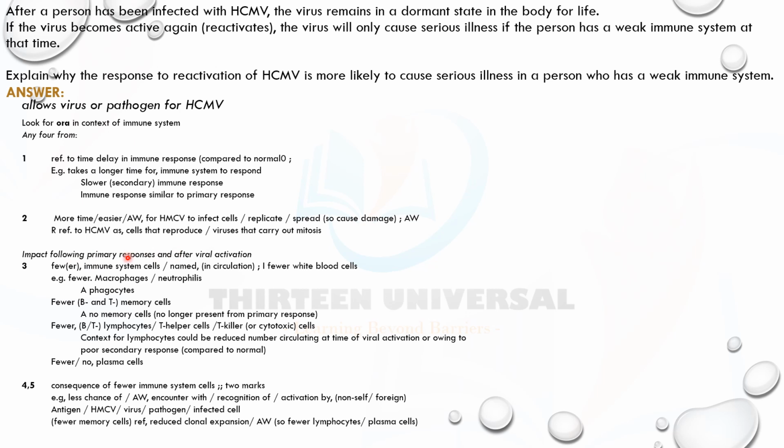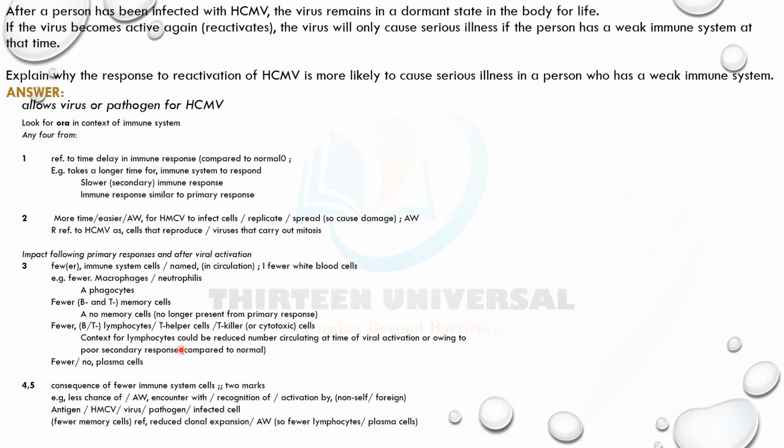So this impacts the immune system: fewer macrophages for phagocytosis, fewer B lymphocytes, fewer memory cells. Because there are few immune memory cells, a rapid response is not seen. So fewer B or T lymphocytes, T helper cells or T killer cells.